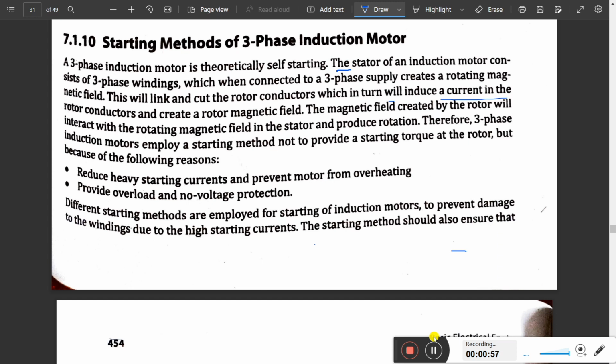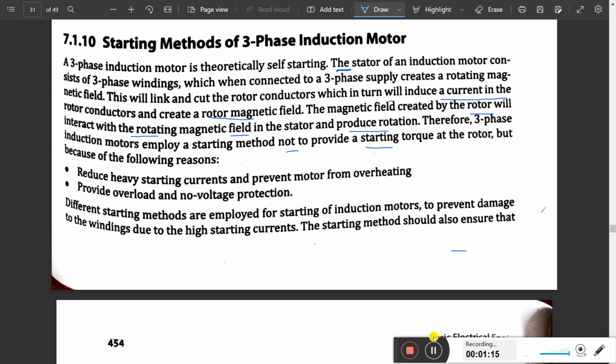The rotor conductors create a rotating magnetic field. This magnetic field created by the rotor will interact with the stator magnetic field and produce the rotation.